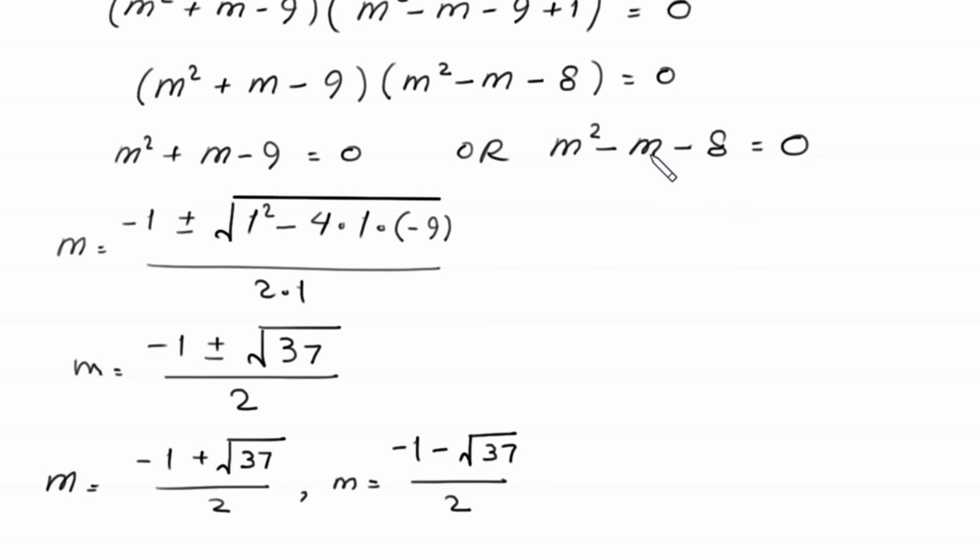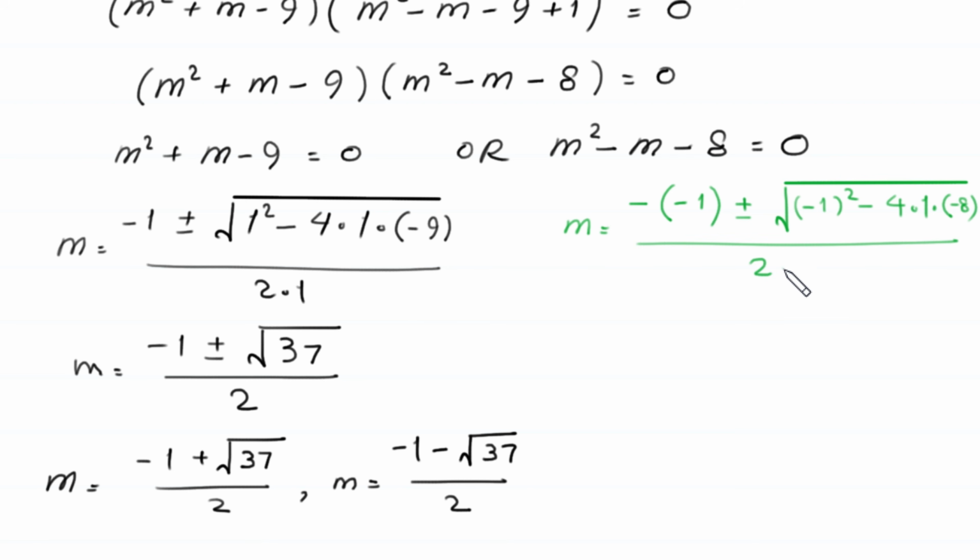Now from this quadratic equation, m is equal to negative times -1 plus or minus square root of, in place of b squared we write -1 squared, minus 4 times, in place of a we write 1, times in place of c we write -8, divided by 2 times, in place of a we write 1.